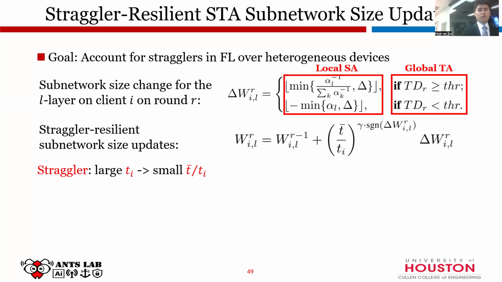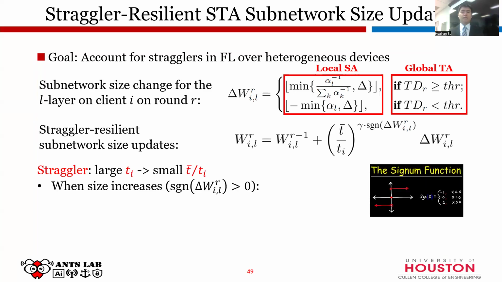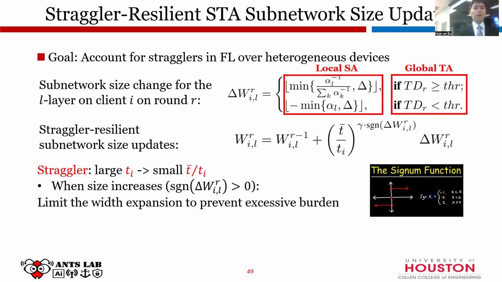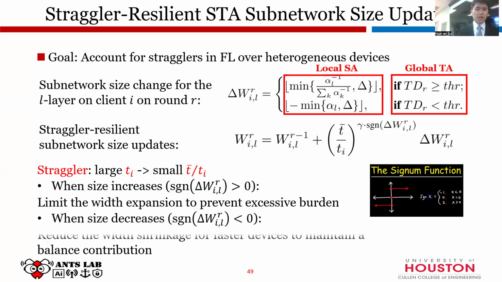So if it's less than 1, what's going to happen? When the size increases, namely when the signal function is over 0, then we will limit the width expansion to prevent the excessive burden. On the other hand, if the size decreases, where the signal function is less than 0, we will reduce the width shrinkage in order for the faster devices to maintain a balanced contribution.